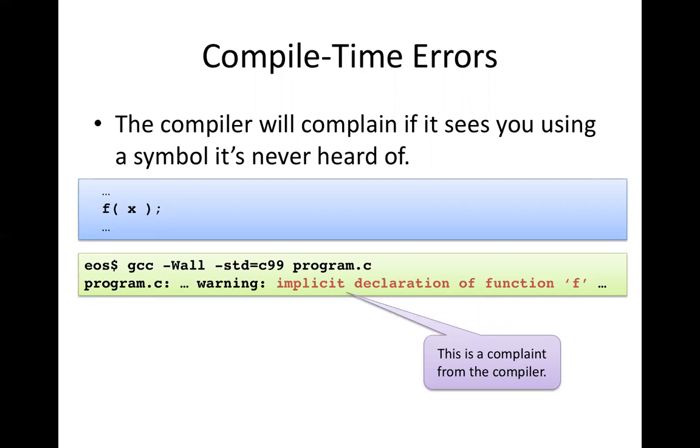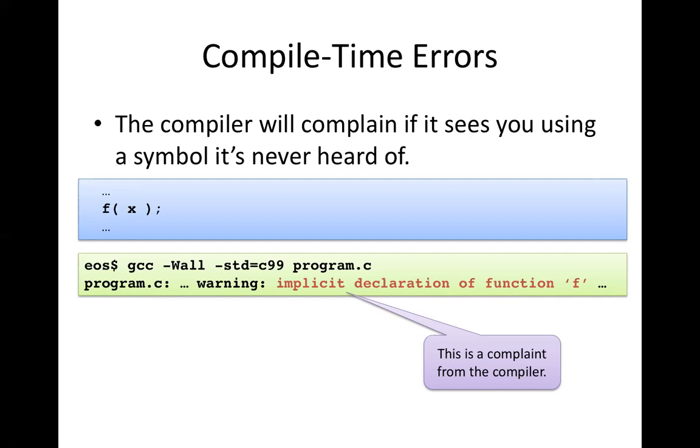When you compile a program, if the compiler catches you trying to access a variable or call a function that it has never heard of before, it'll give you a compile time error. This is the kind of thing that'll typically look like: if the compiler says implicit declaration of some function, that means you're trying to call a function that it's never heard of before. That's usually because you're trying to call a function that it hasn't seen a prototype of before.